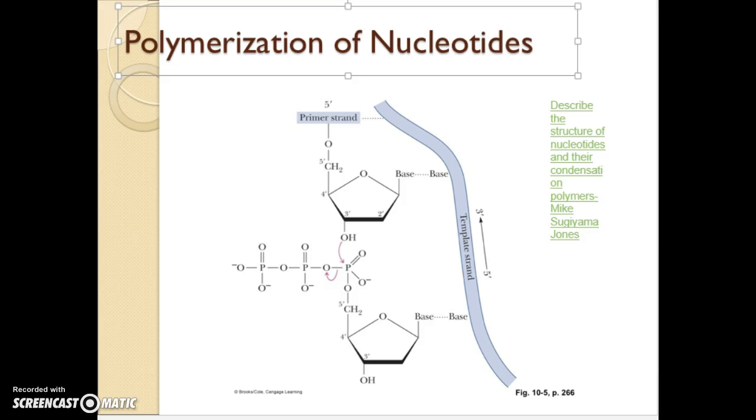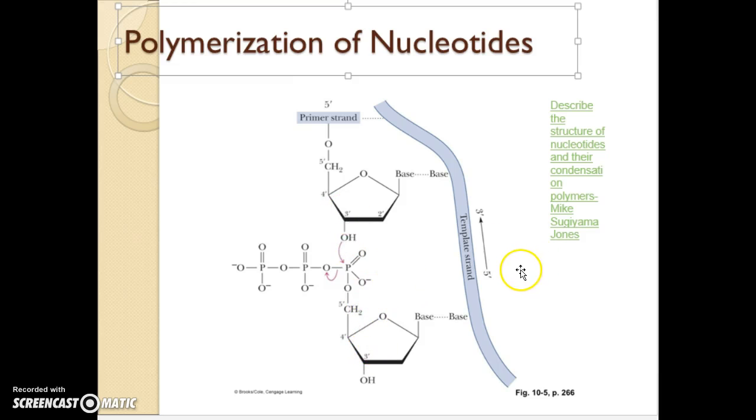So these phosphodiester bonds hold our strand of DNA or RNA together. And very importantly, you need to remember that it is linking together the 5' and 3' ends of our nucleotides.